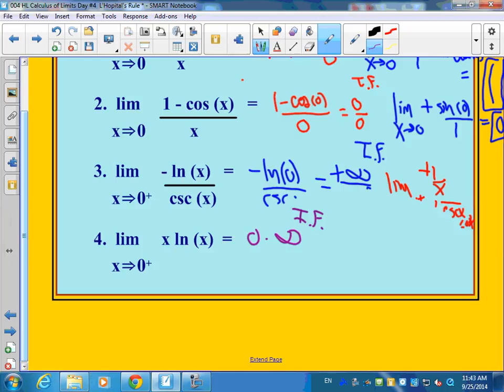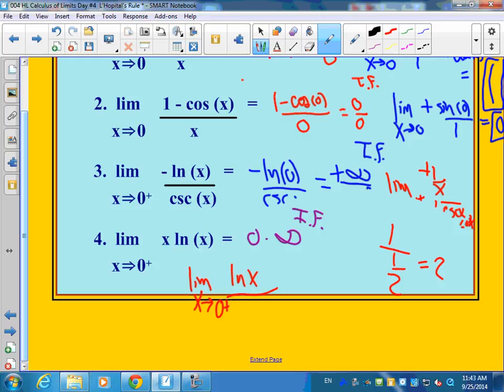And this is why I'm doing this example. This has a little wrinkle to it. I told you there are 2 things you have to do. You got to check the indeterminate form first, and then you got to write it as something over something. And you can't have both things in the numerator. So what's 1 divided by a half? 2, right?